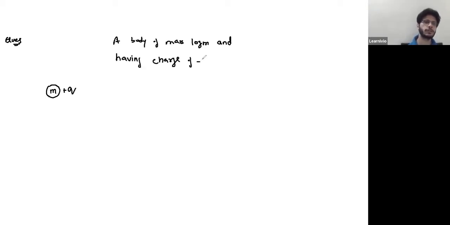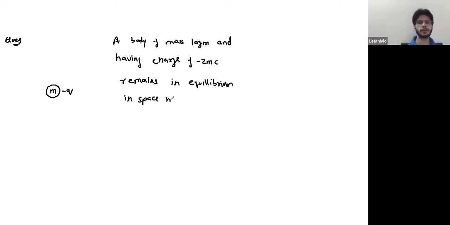So the first question is, you have a body of mass 10 gram and having charge of say minus 2 millicoulomb, the negatively charged body, remains in equilibrium in space having electric field.